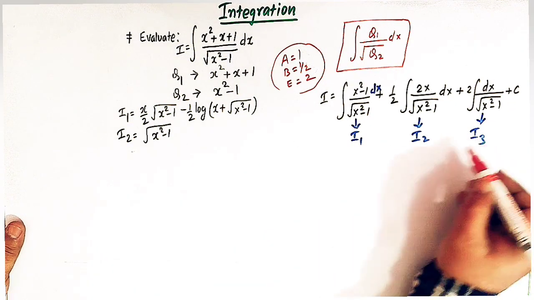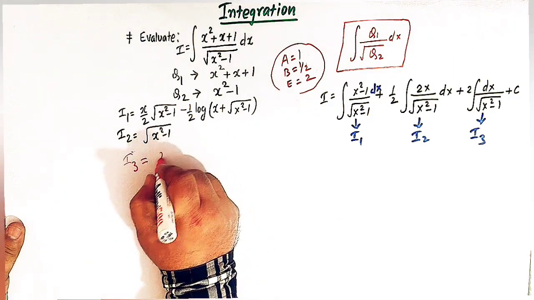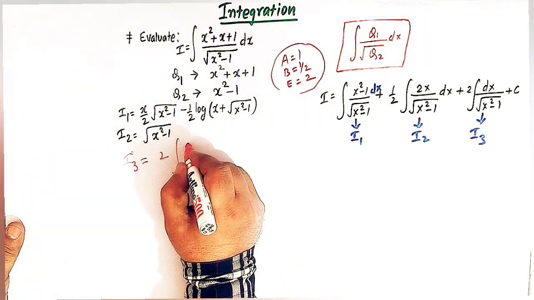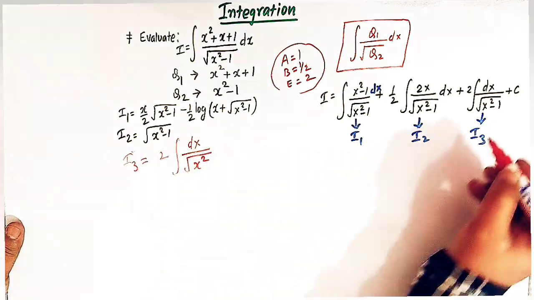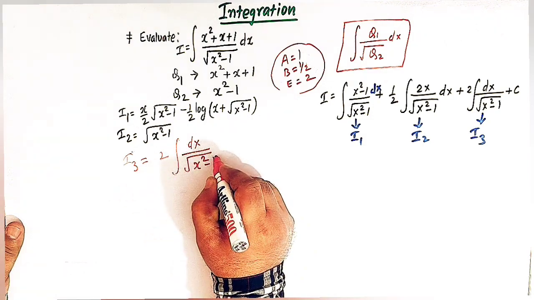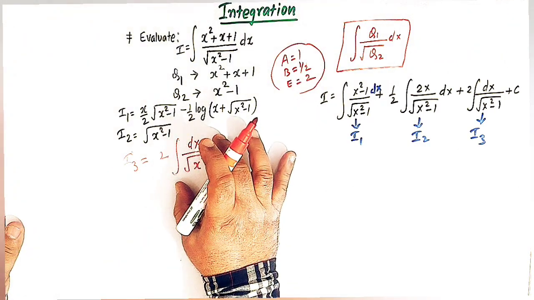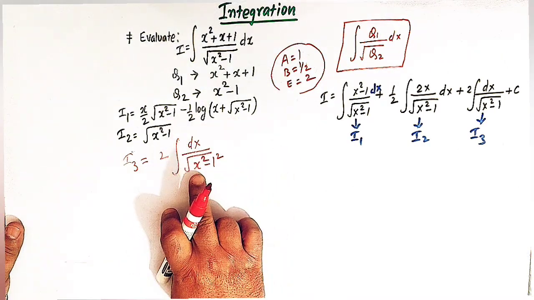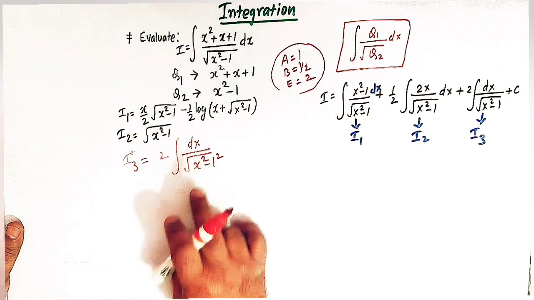So now consider this integral I3. So here we have 2 times dx over square root of x square minus 1, which can be written as square root of x square minus 1 square, right? To write the integral of this expression, we'll again use a standard result.